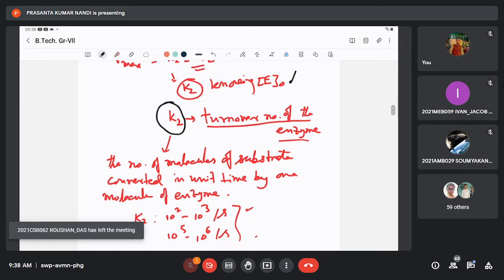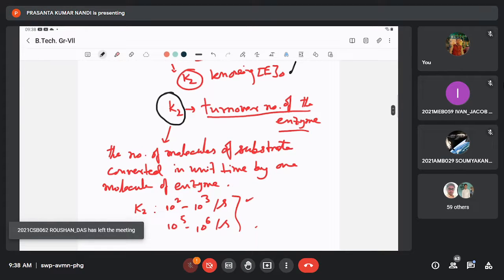And typically, the k2 values normally lie within the range 10 to the power 2 to 10 to the power 3 per second, or 10 to the power 5 to 10 to the power 6 per second.